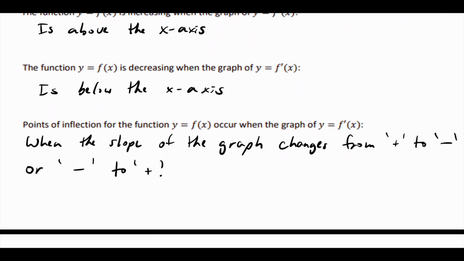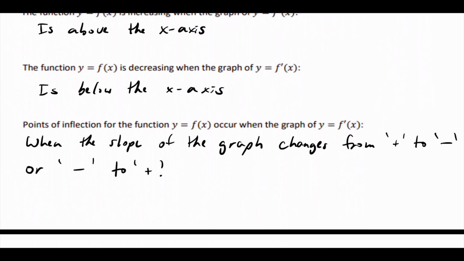When the slope of the graph changes from increasing to decreasing, or the opposite, from decreasing to increasing, that's where you're going to have a point of inflection. Okay.